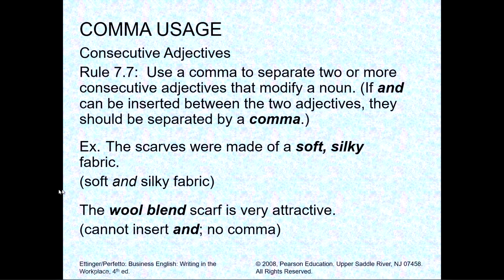If there's a third one here, then you would add the comma. So this will not be wrong. Soft and silky fabric, no comma needed here, right? But if you had a third one, you could say beautiful, comma, soft, comma, and silky fabric. Then you would need a comma. But with two, it doesn't clarify it here, but you don't need it, right? Here, the wool blend scarf is very attractive. Cannot insert and. There is no comma here, okay?